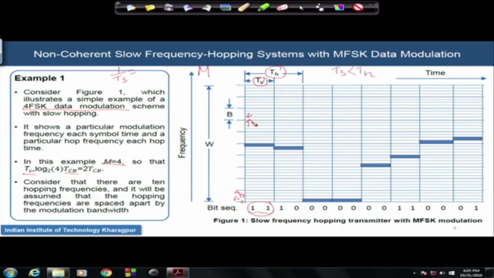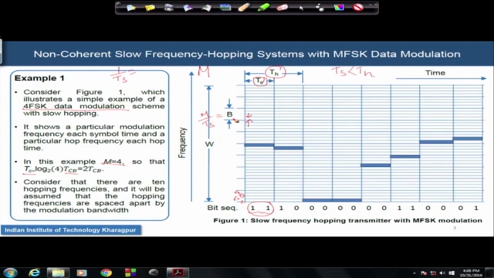And as we have 4 such tones, capital B is equal to 4 times 1 by Ts. In our case, it is capital M by Ts that gives the modulation bandwidth.